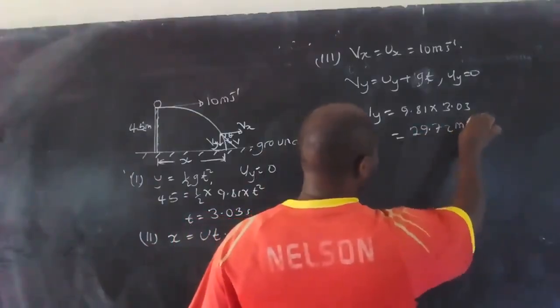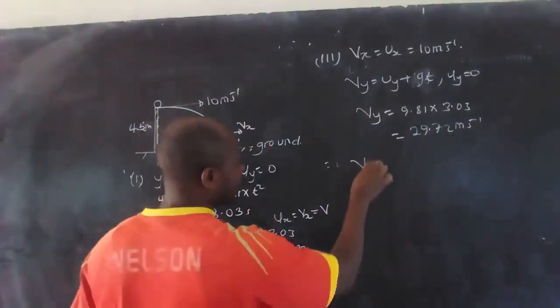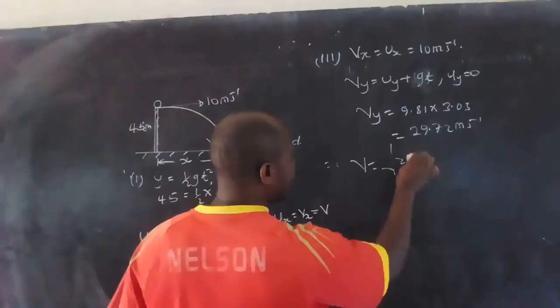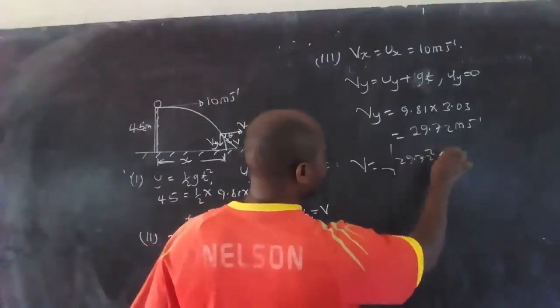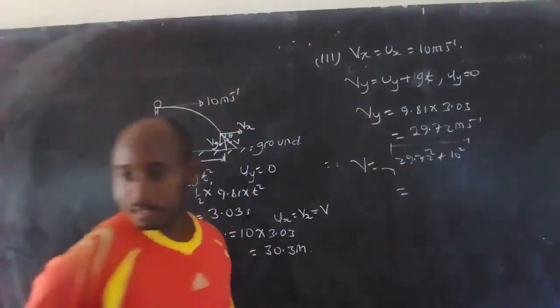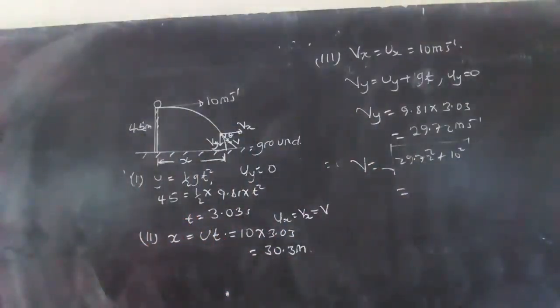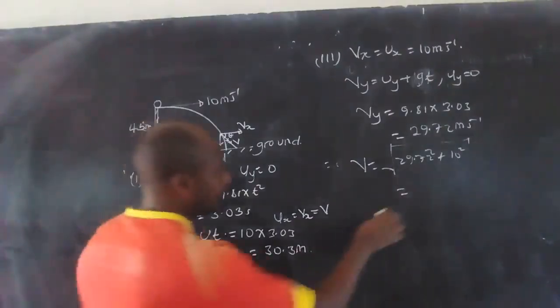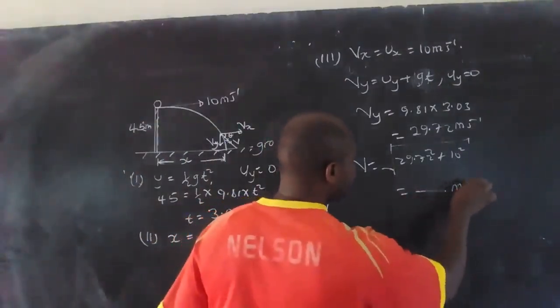Then we shall say that v is equal to the square root of 29.72 squared plus 10 squared, and you get the velocity in meters per second.